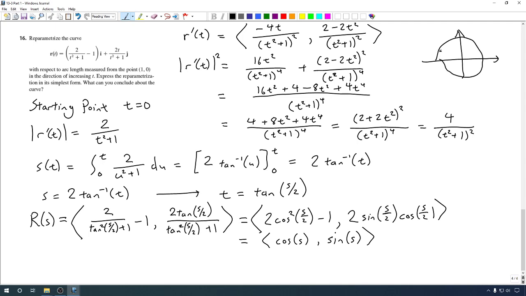And that didn't really match up, but imagine it did. And if we actually talk about what a particular value of R of s is, R of s is literally just the point on the curve where this arc length is s, or since we're using radians, this angle is s. So this arc length is equal to s here.